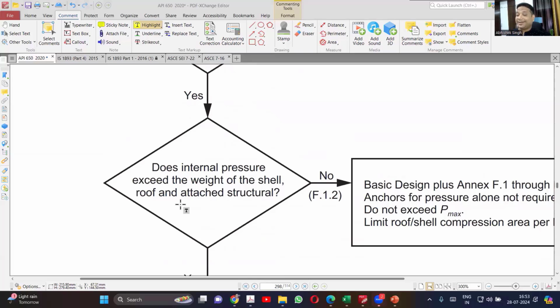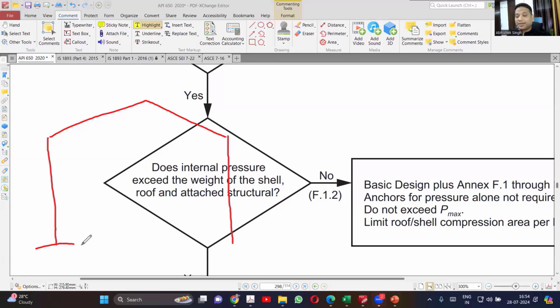Does internal pressure exceed the weight of the shell, roof, and the attached structure? You'll be checking whether it is more than the roof plus shell also. And definitely when we say shell, we are considering whatever is attached to the shell.